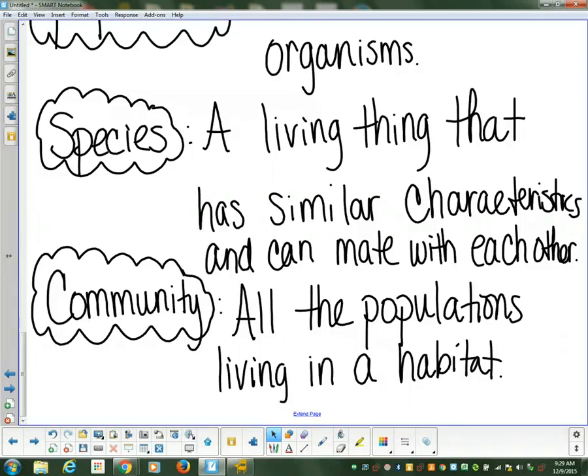I have to take each one of them and say that now all of those are together in that habitat. That's called a community. So a population is just one group of organisms, but when you take multiple populations and say they are living together in a habitat, we now refer to them as a community.